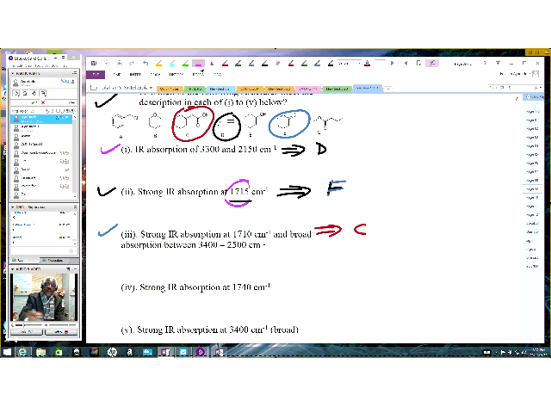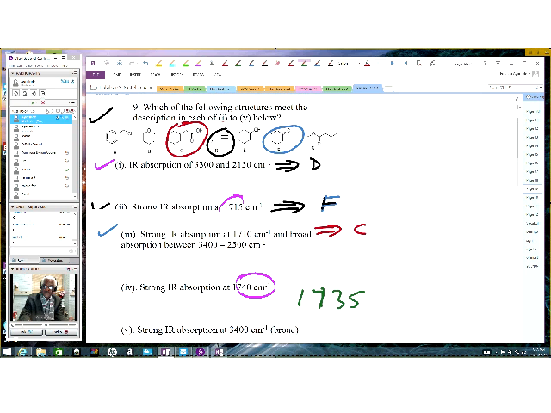Okay, the key to this is 1740. Generally, whenever you have an absorption somewhere between 1735 to 17.